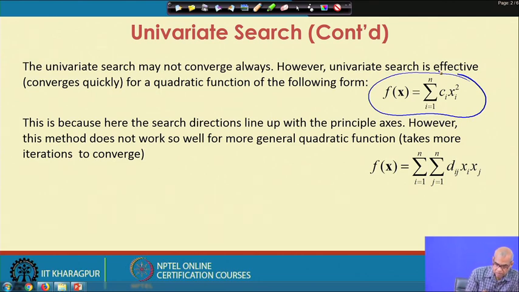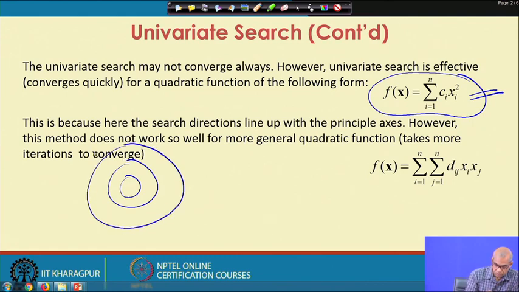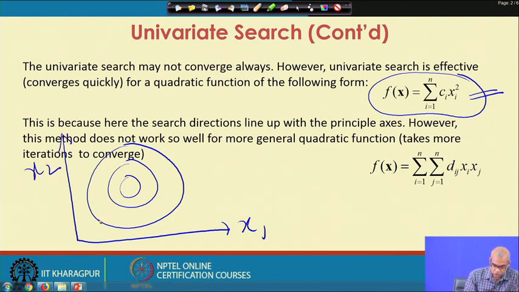So, what does it mean? It means that for the quadratic function sigma I equal to 1 to n C I x I square or x transpose C x, if you look at the contours will be like this. So, for a two variable function, let us say this is x 1, this is x 2. You start let us say at x 0, you perform univariate search and let us say this is the minimum.